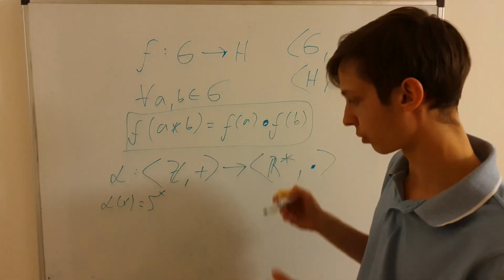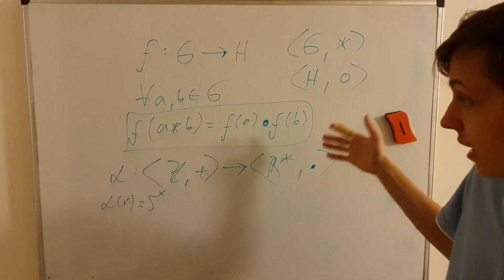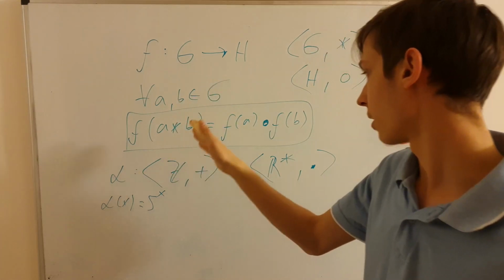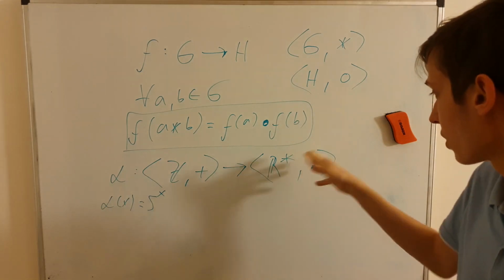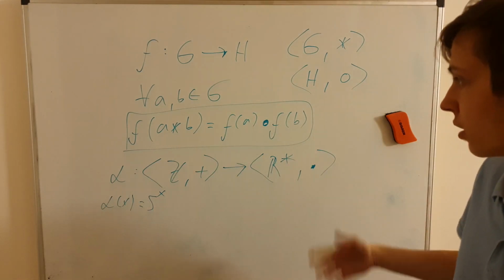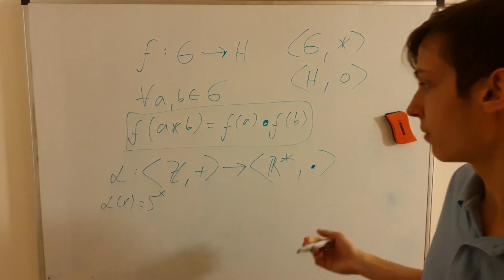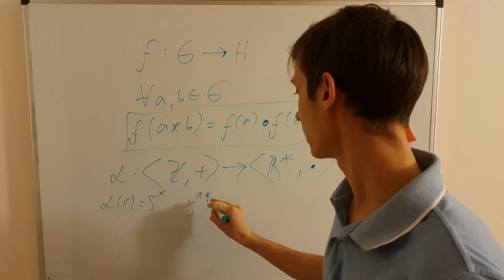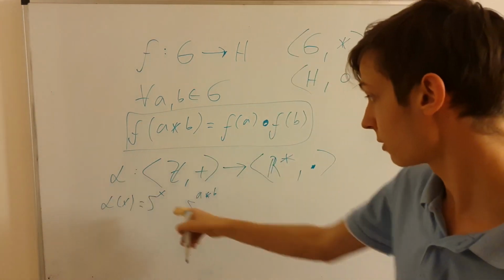So both these things are groups, and now we can verify whether the function alpha is a homomorphism from integers under addition to non-zero reals under multiplication. So let's verify this. f of a star b will be 5 to the a star b, because basically f of x is now 5 to the x.